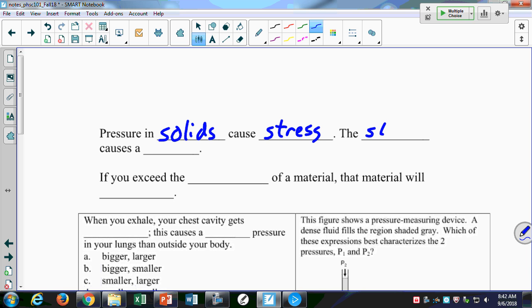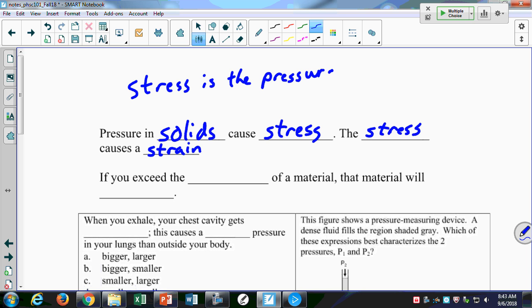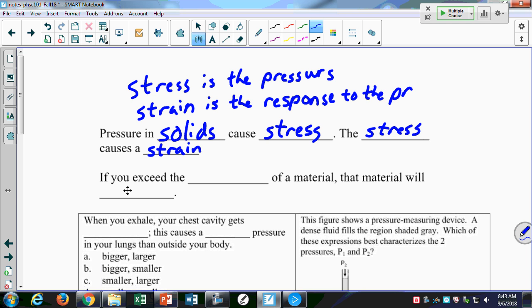I'm sorry, I misspoke, I had these mixed up. The stress is the pressure. Strain is the response to that pressure. Usually that's going to be a deformation or a break.